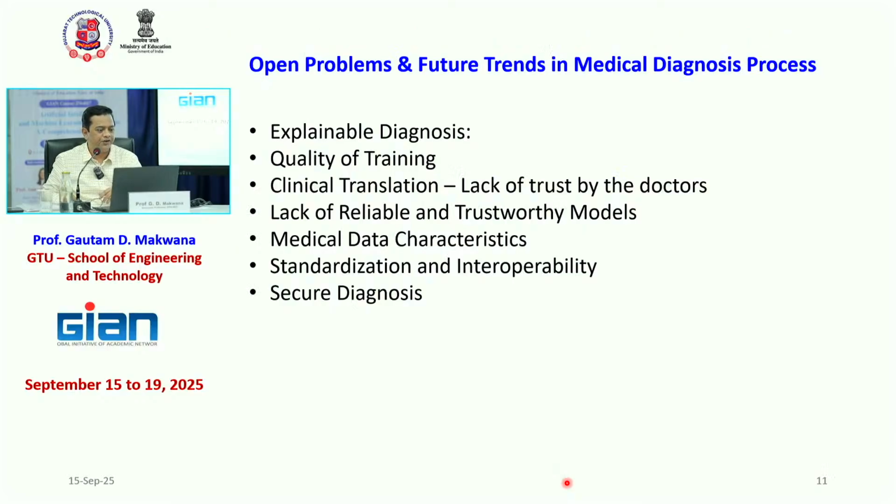Now these are the open issues and the future plan in the medical diagnosis process. We require explainable diagnosis. If the doctor is not able to understand how the prediction comes, then no one will give trust, because as patients we will ask the doctors, not the AI.